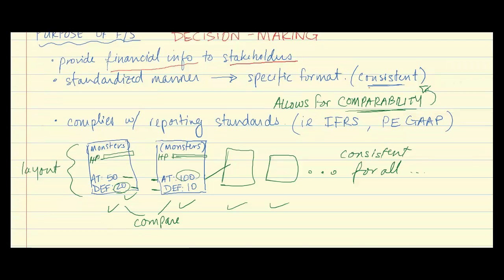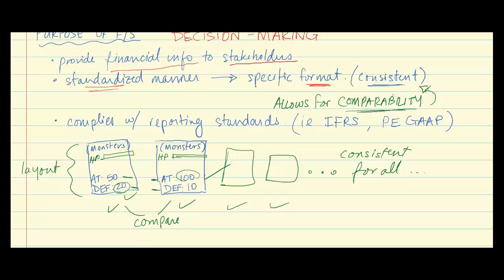Now, as I did mention, it is in a specific format, so it is standardized, and this is to allow for comparability year over year. So if I have financial statements dated back all the way, say, from 2005, then to allow me to assess those numbers year over year, I have to have it in a way that's consistent year over year.